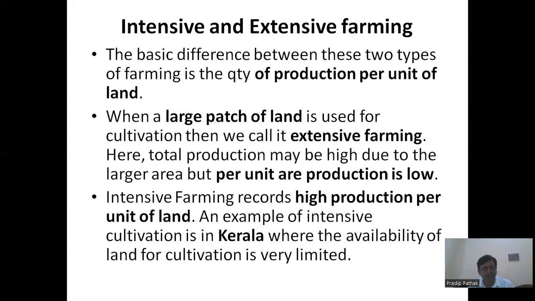But in our country, because of the favorable conditions, we can have intensive farming, with high production per unit of land. An example could be Kerala, where the availability of land for cultivation is very limited, but the productivity is very high.